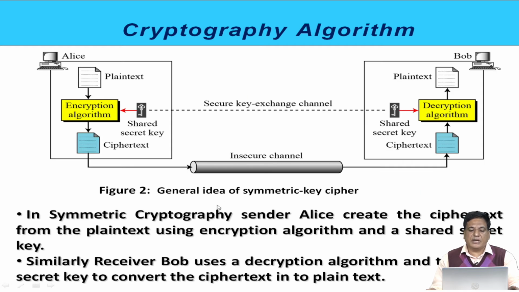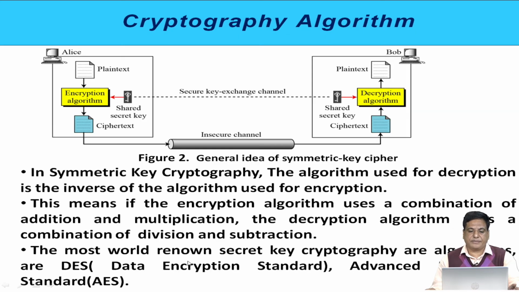In symmetric cryptography, sender Alice creates the ciphertext from the plain text using the encryption algorithm, or enciphering function. Similarly, Bob uses the decryption algorithm and the same secret key to convert the ciphertext into the plain text. In symmetric cryptography, the algorithm used for decryption is the inverse of the algorithm used for encryption.